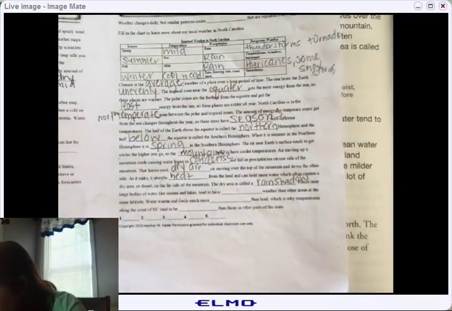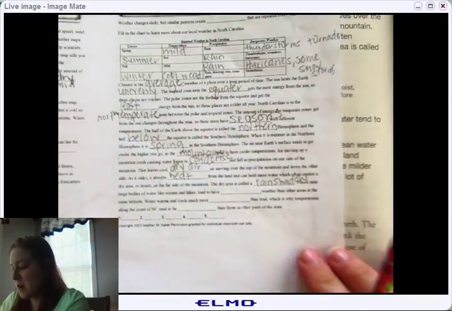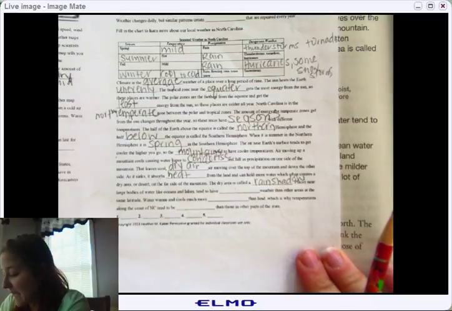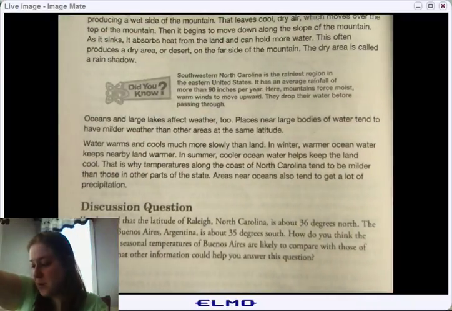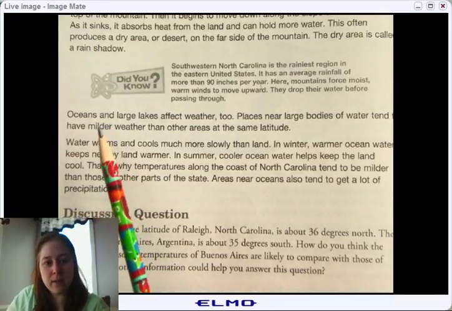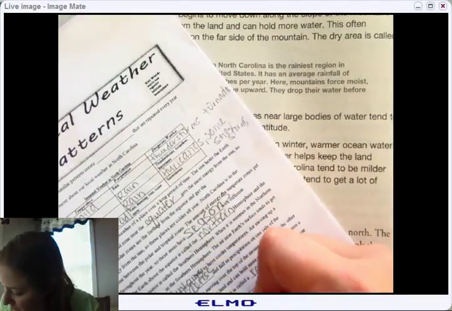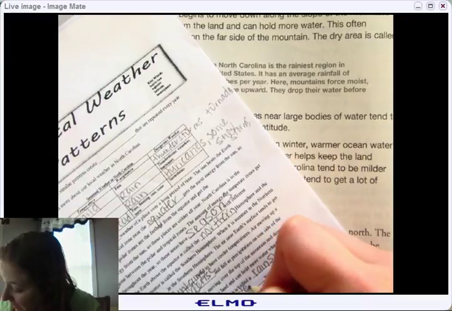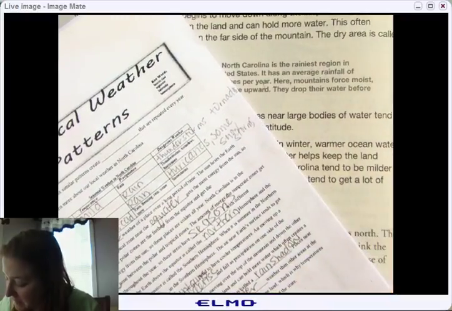So places near large bodies of water, like oceans and lakes, tend to have blank weather. So they tend to have what kind of weather? Milder weather than other areas of the same latitude.